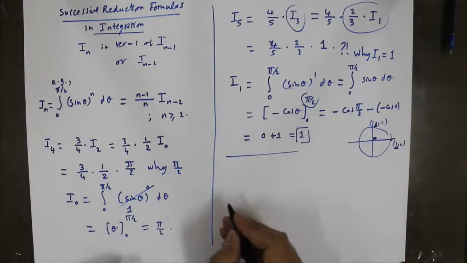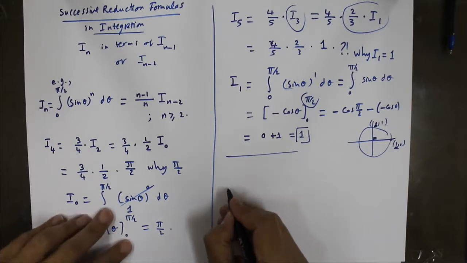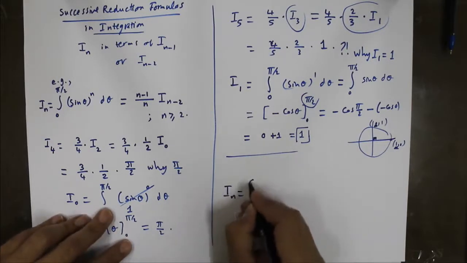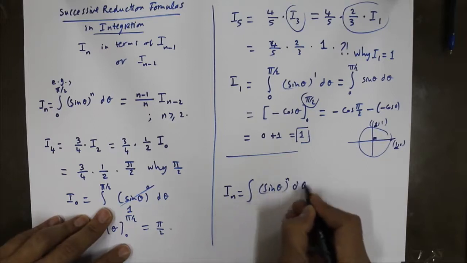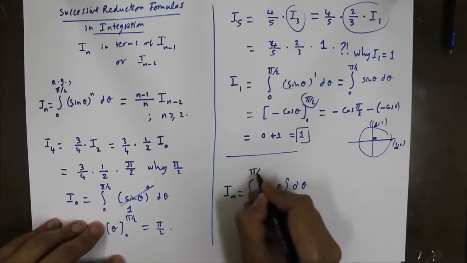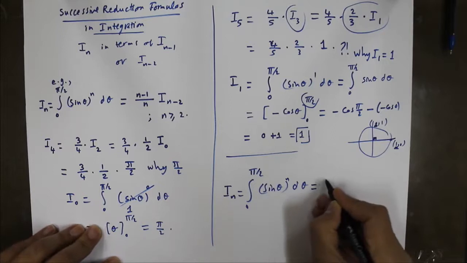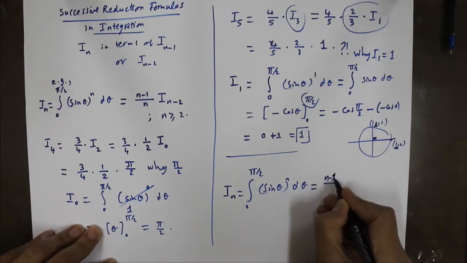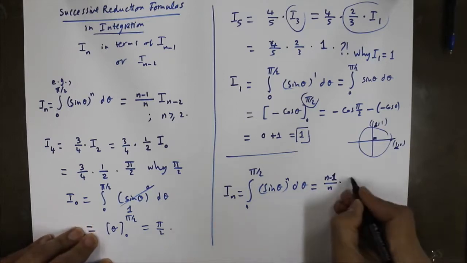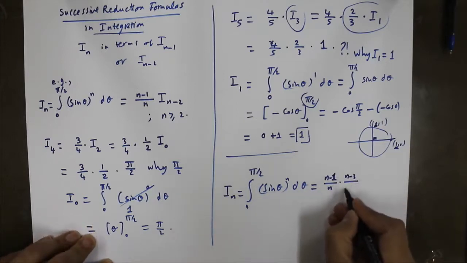So the idea is that this formula gives you the integral of sine theta power n d theta from 0 to pi over 2 as n minus 1 over n, then n minus 3 over n minus 2.